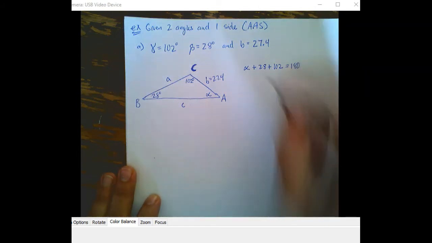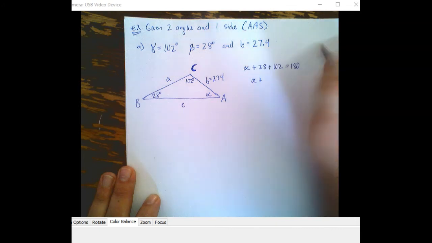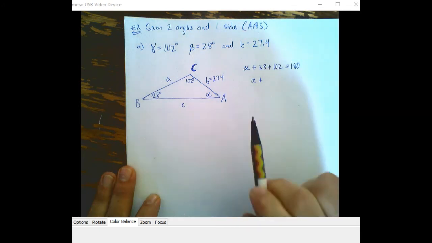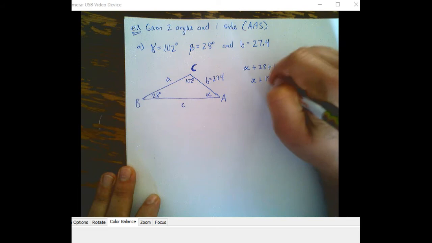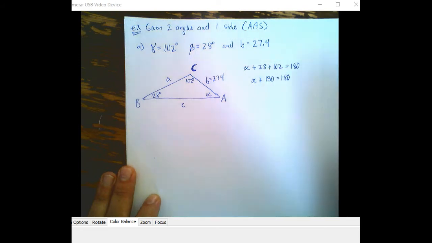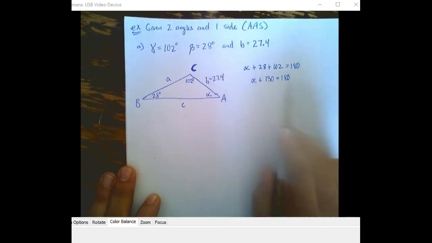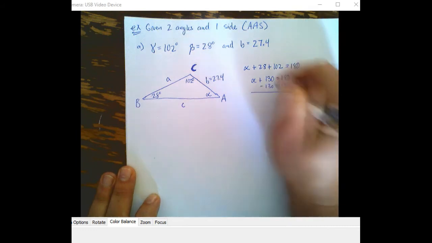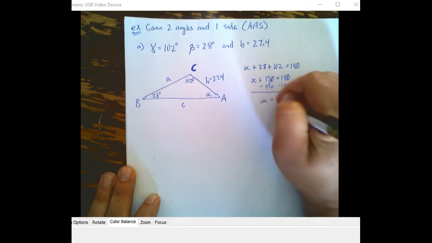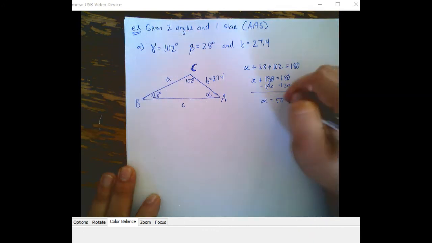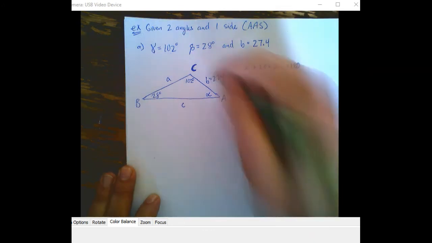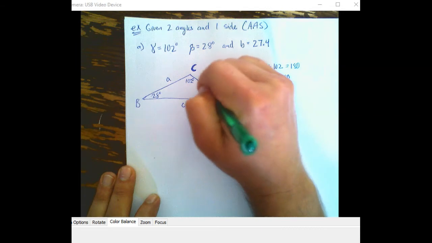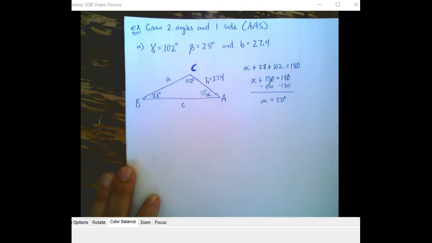So let's solve this for alpha. Alpha plus these two combined, which gives us 130. So subtracting 130 from both sides gives alpha equal to 50 degrees. Okay? So alpha is 50 degrees. I'll just write them in there as I find them.